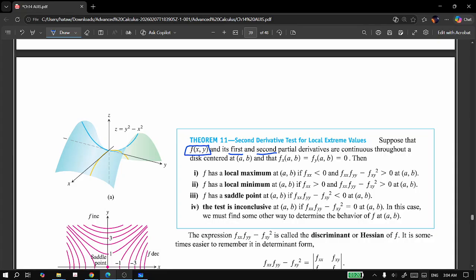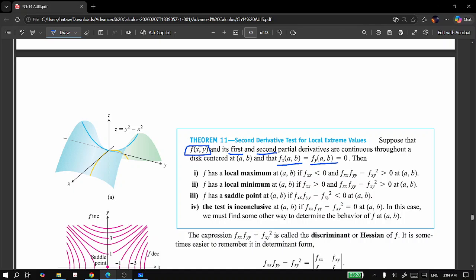So we have a function whose first and second partial derivatives exist and are continuous. And we have f_x(a,b) = 0 and f_y(a,b) = 0. That means we are equating the first partial derivatives of the function to 0.